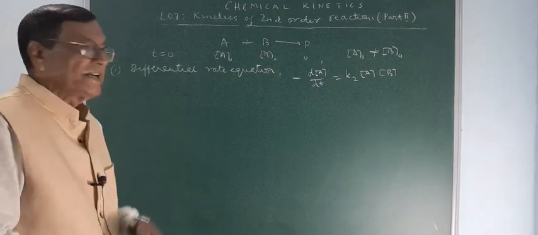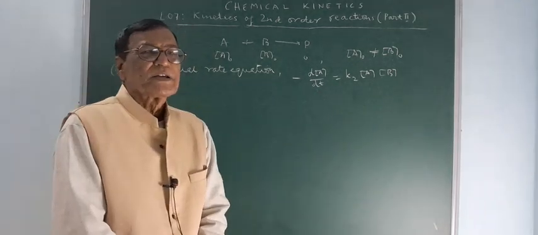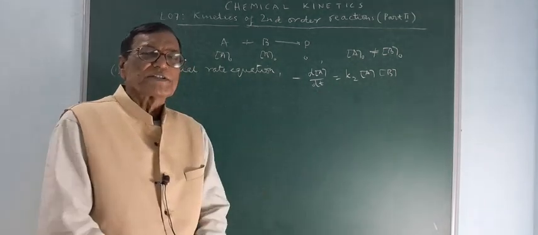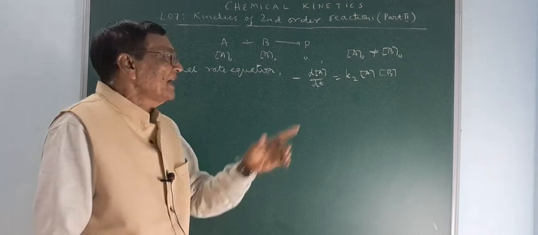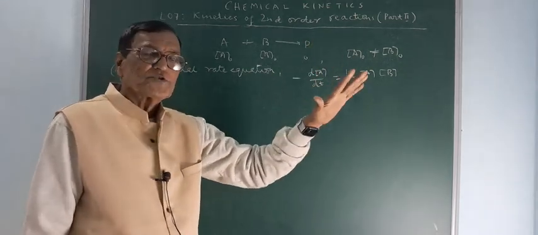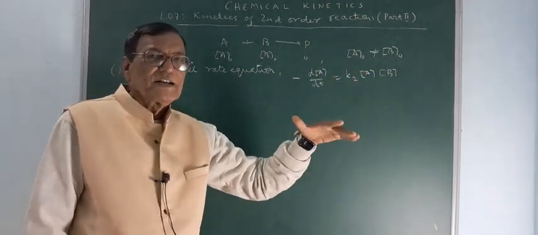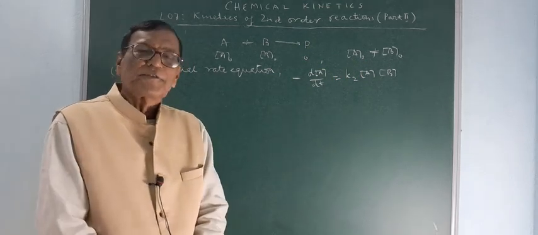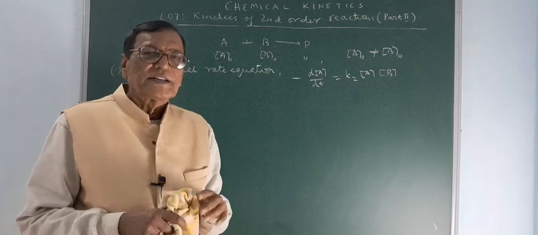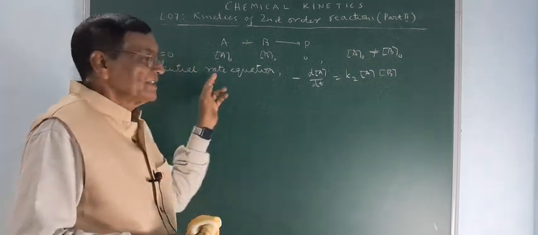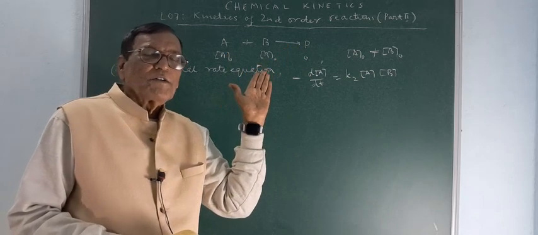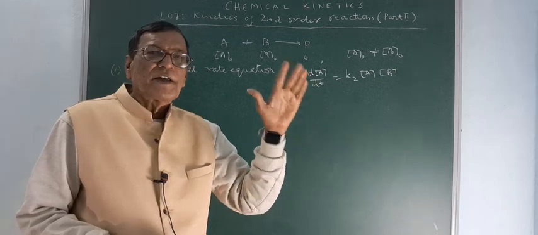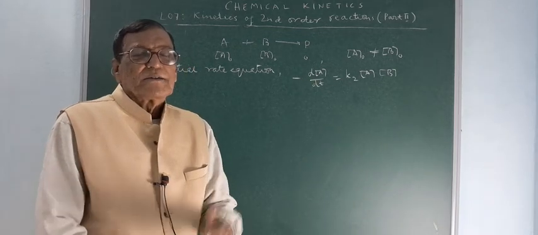K2 is the rate constant, which is a very important term for this reaction. It remains constant at a given temperature. The volume of the reaction mixture is also kept constant, so that while the reaction is going on, the change in mole numbers does not affect the volume.